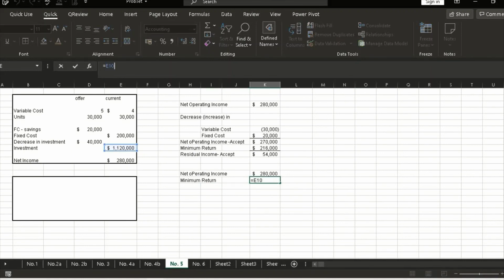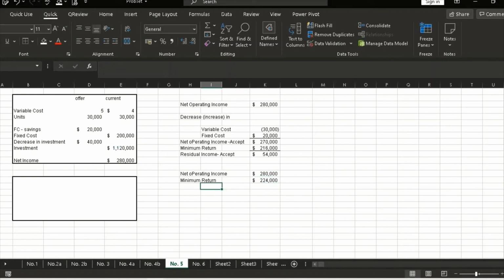That is 1,120,000 multiplied by 20%. After deducting the minimum return from the net operating income, we will get the residual income in case we reject.